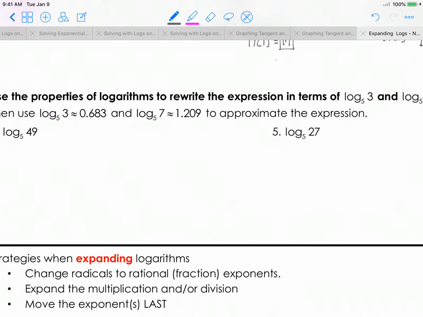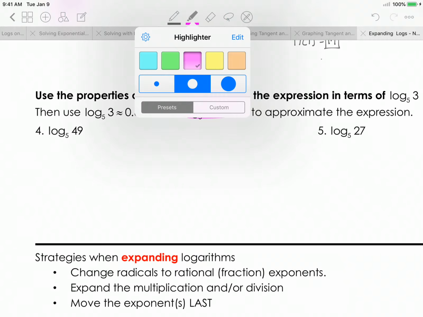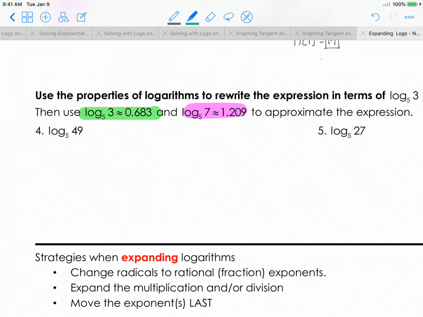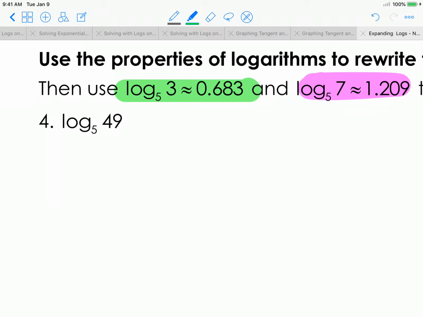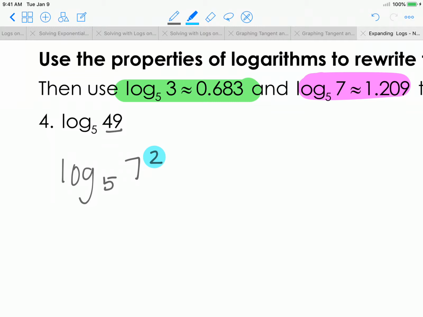So let's put them into practice with our log base 5 of 3 and log base 5 of 7. Okay, so how could we rewrite 49 for there to be an exponent? Well, we can rewrite 49 as 7 squared, can we not? Don't we end up getting that exponent of 2?